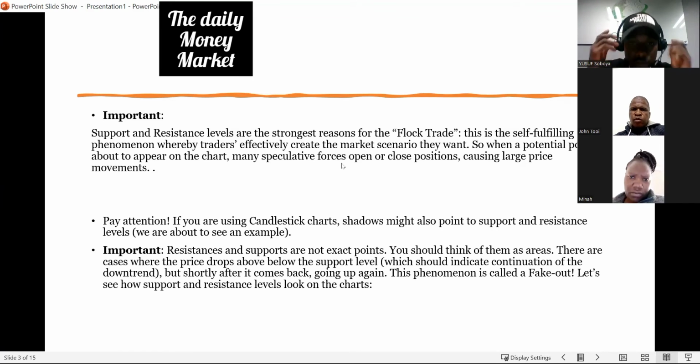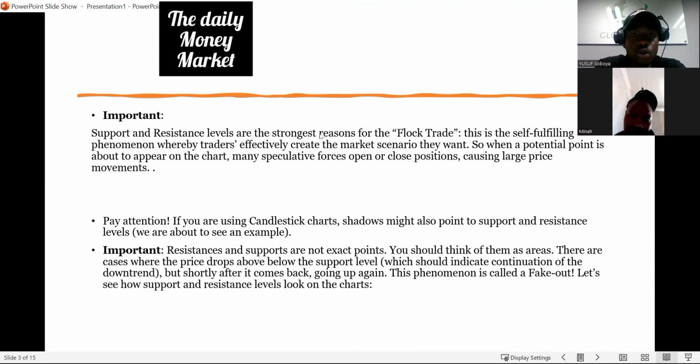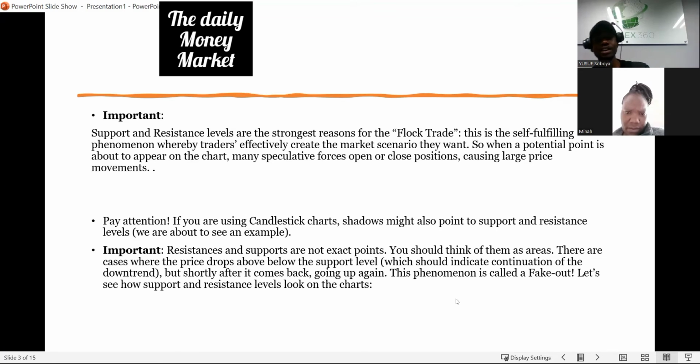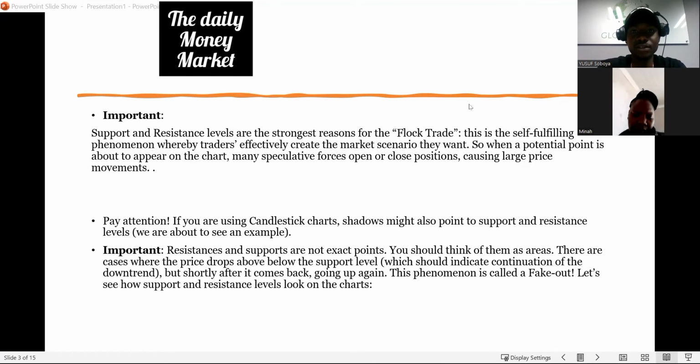False breakout. Okay, cool. Thank you very much. It is a false breakout. Anyone who understands the false breakout? Anyone who doesn't understand what a false breakout is?